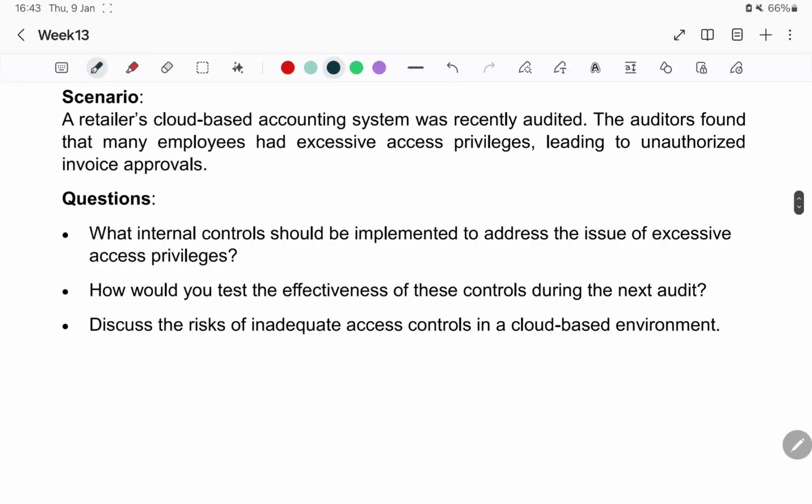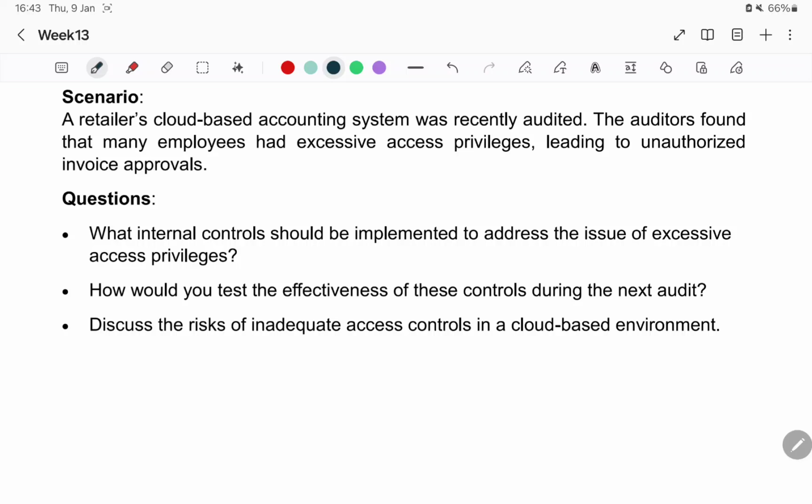This one is a retailer. A retailer's cloud-based accounting system was recently audited. The auditor found that many employees had excessive access privilege, leading to unauthorized invoice approval. This is so clear already, right? If you cannot answer this question in the exam, I think you really need to come and meet me again in the next sitting.